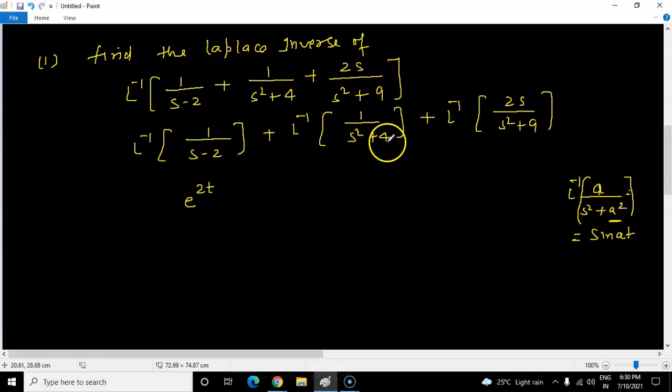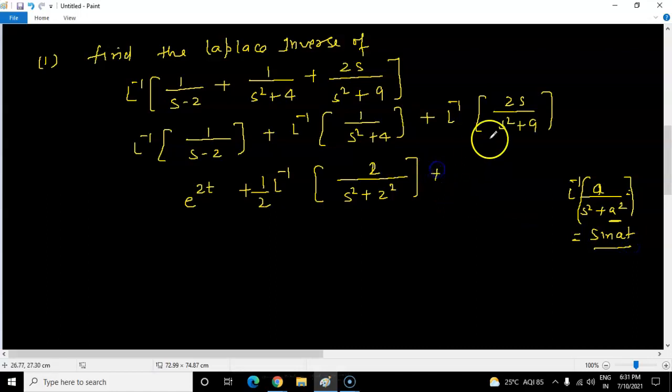That is 4, which means this is 2 square. So I can write 1 upon s square plus 4, which is given, as 2 square. So a is here 2, so the numerator should also be 2. So just multiply with 2 and divide with 2, the value will not change. Now this formula is a by s square plus a square, we can write as sine of at.